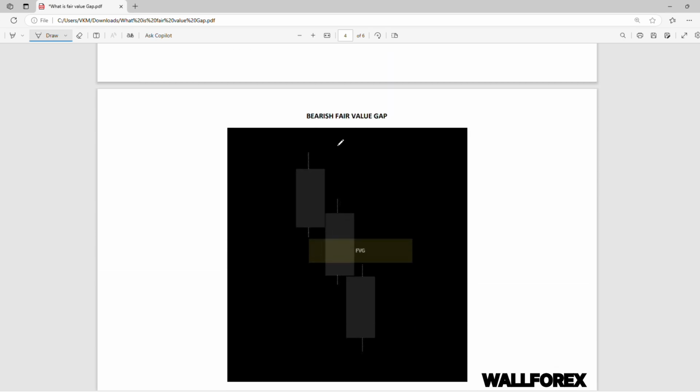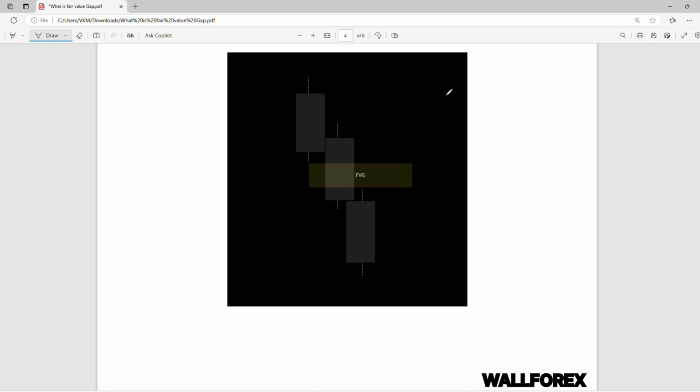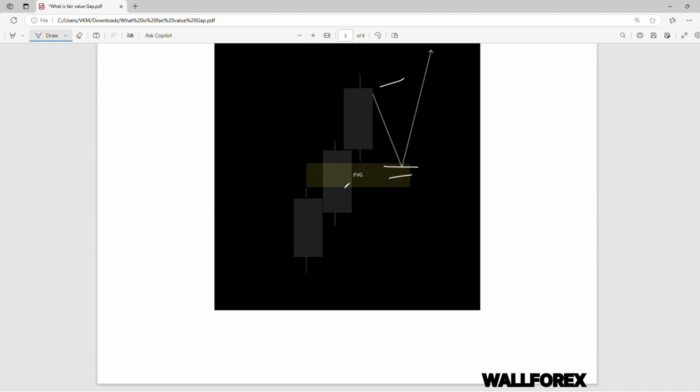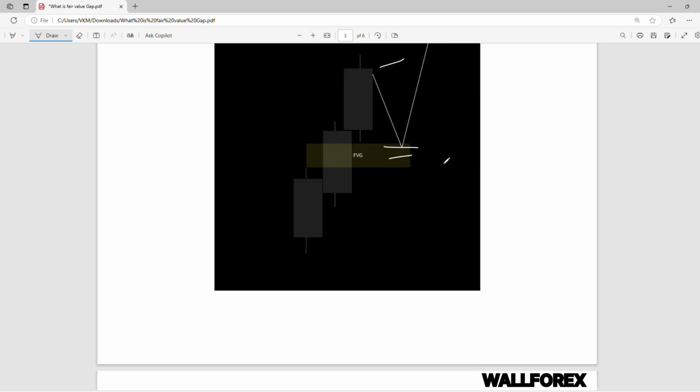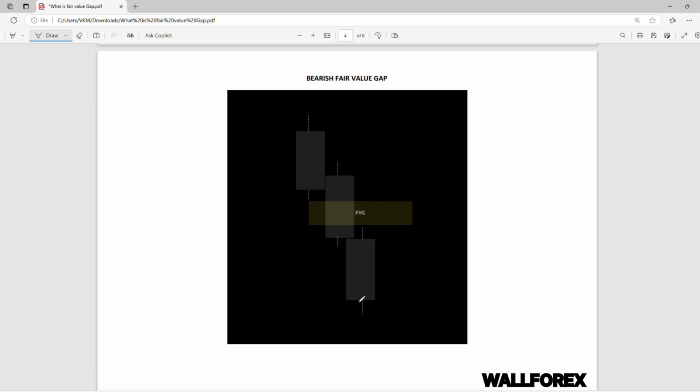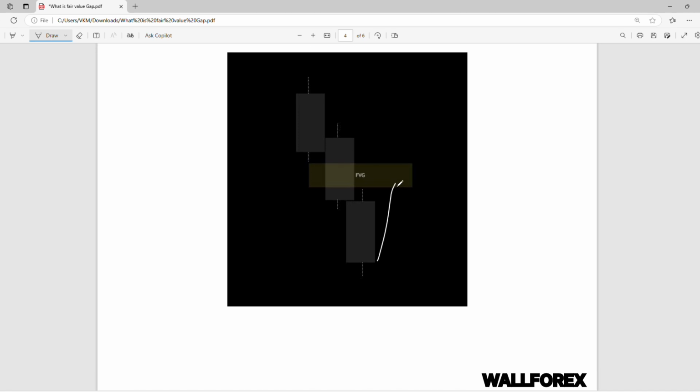Bearish fair value gap. In bullish, when the price comes here, we will buy from this imbalance and target the next candle high or wick, anything like that. In bearish, when price comes to this imbalance, price will go back down, which will act as a resistance. In bullish, it acts as a support.